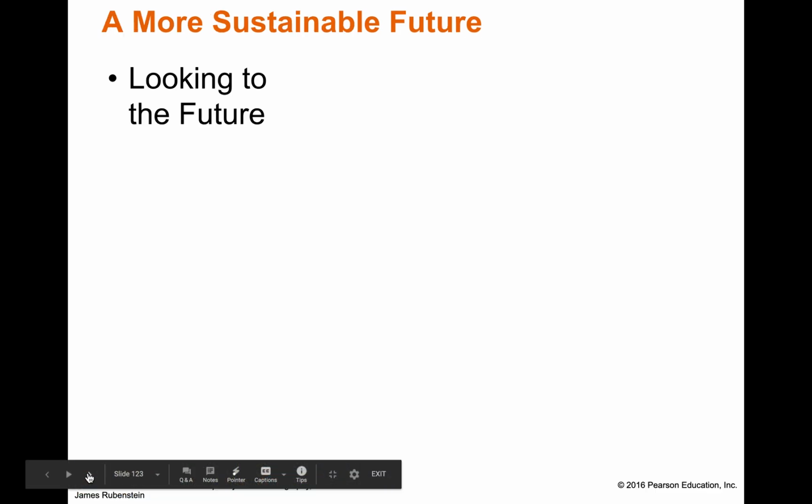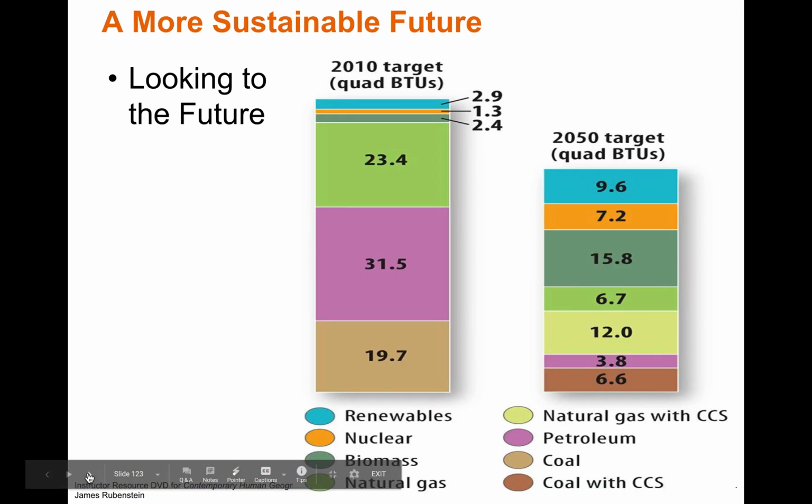Slide 122. And when we look at the future, we see a reduction based on the years right here, 2010, and then we have projections for 2050. So really, we see an increase in renewables, an increase in nuclear, an increase in biomass, and a decrease in natural gas.